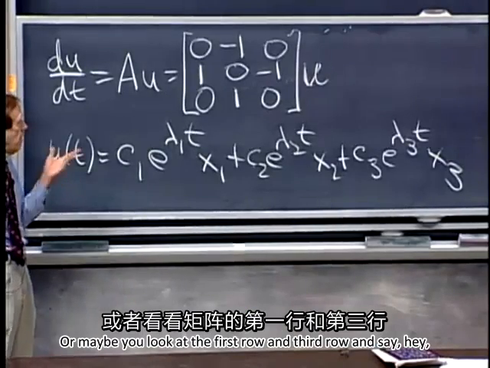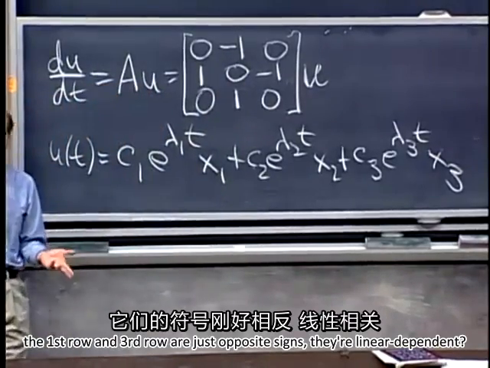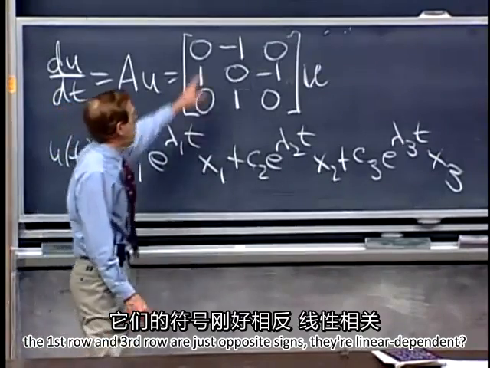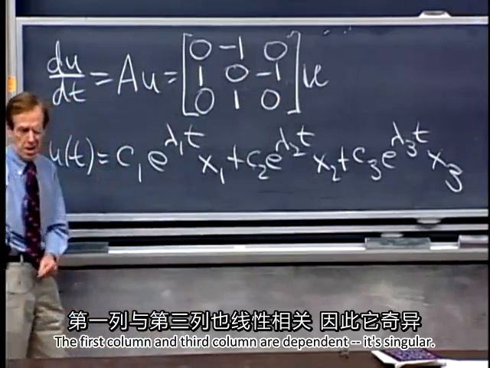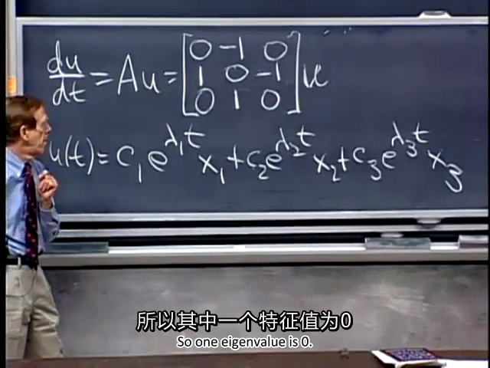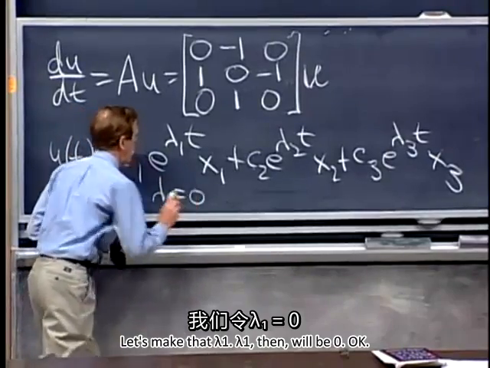Or maybe you look at the first row and third row and say, hey, the first row and third row are just opposite signs. They're linearly dependent. The first column and third column are dependent. It's singular. So one eigenvalue is 0. Let's make that lambda 1. Lambda 1 then will be 0.